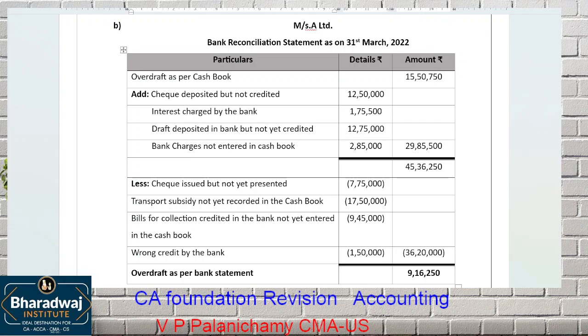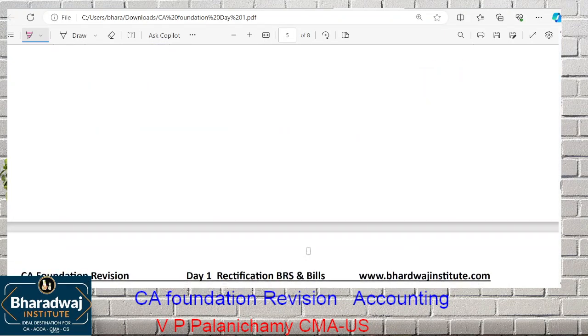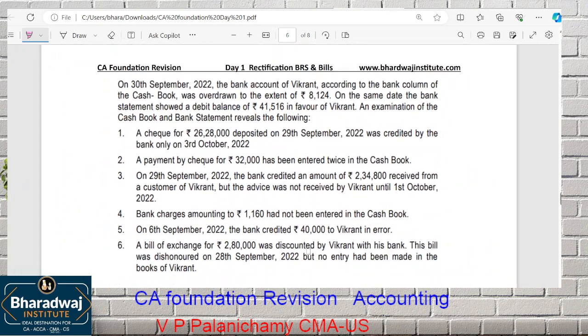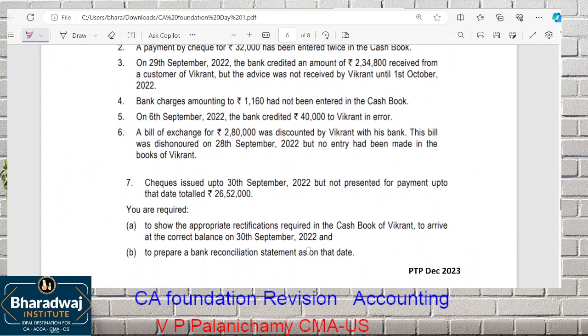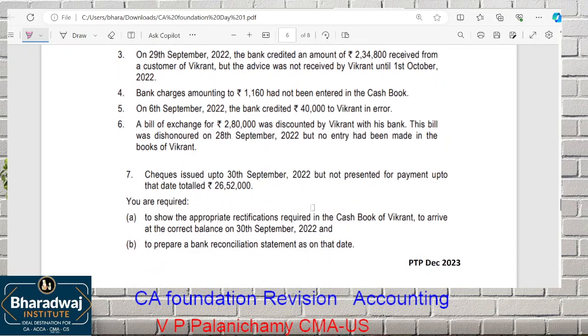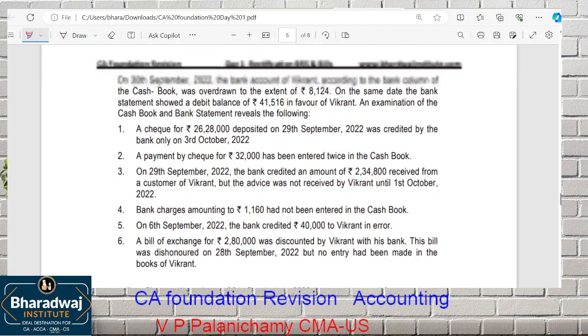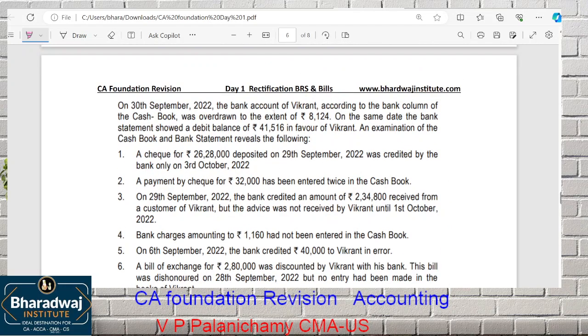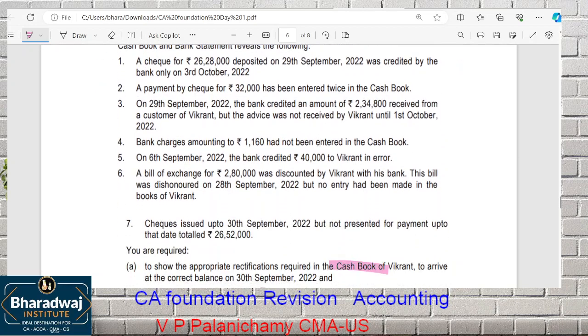Please try. What is the starting point given? OD is given 8124. Bank statement showed a balance of 41,516. So both are OD only. Try.